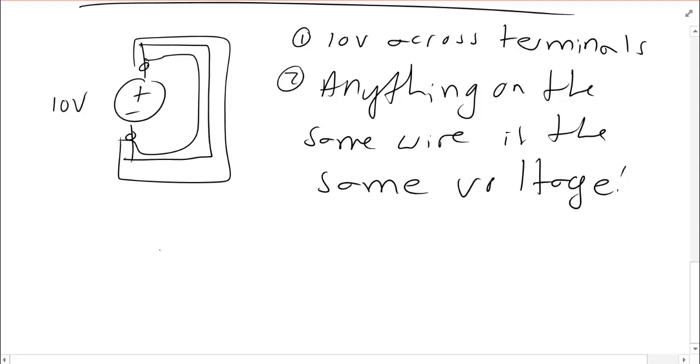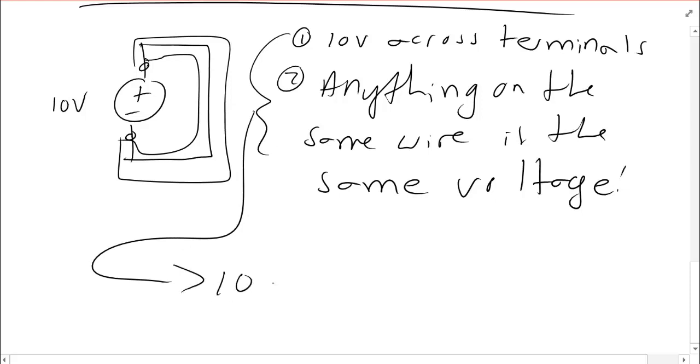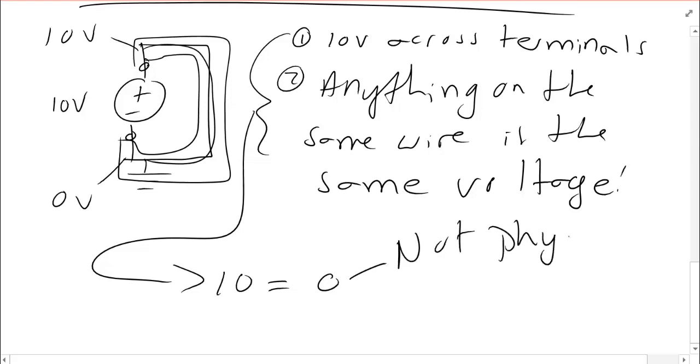Here's the problem. What these two things taken together mean is that 10 equals 0. If this is my reference voltage here, that means this is 0 volts, this is 10 volts, but they're connected by a wire. 10 equals 0. Not physically possible.